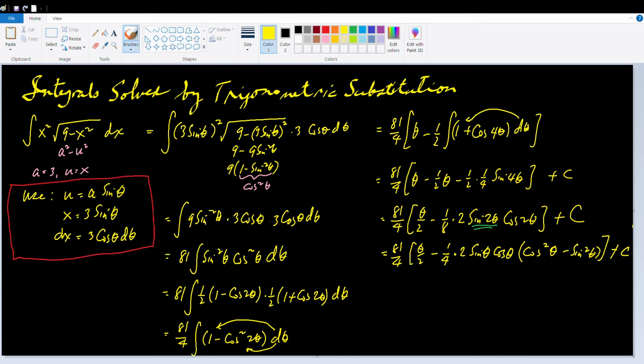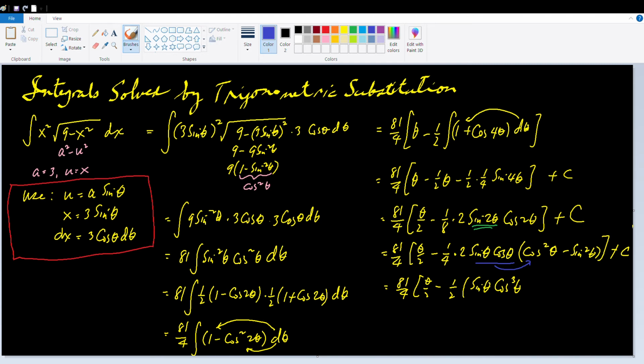Let's see. So, 81 over 4, theta over 2 minus 2 over 4 is 1/2, sine theta cosine theta multiplied to cosine squared theta will give me sine theta cosine cubed theta.